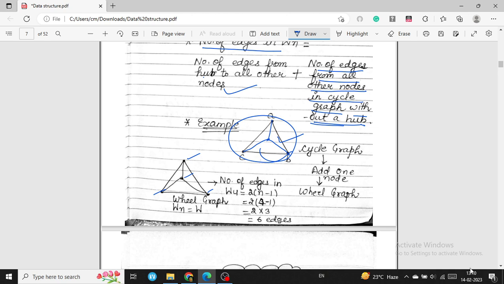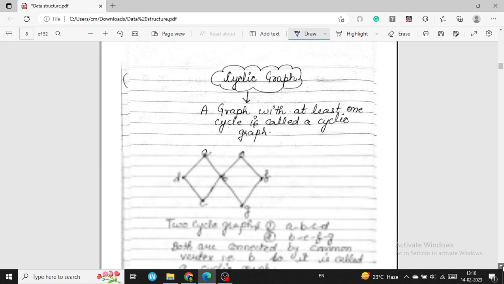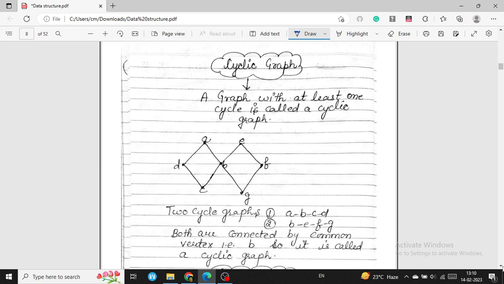Now next point is the cyclic graph. A graph in which there is at least one cycle is called a cyclic graph. You can see here two graphs are given which are connected with a common node, and this makes a cyclic graph.